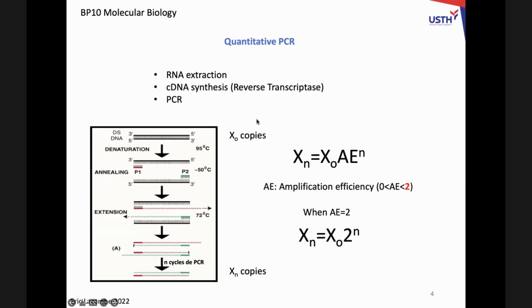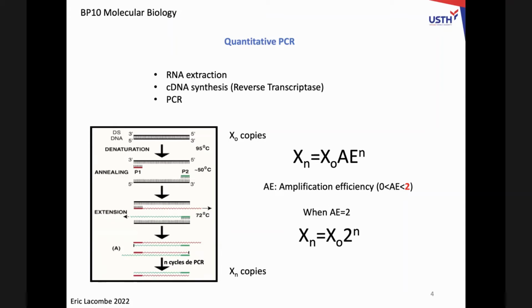So if you make a modelization of the increase of the copy number during PCR cycles, we call X0 the number of copies at the beginning. This is very important: how many copies we have at the beginning of the experiment.